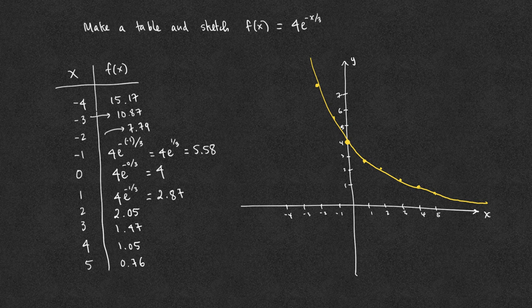This is the graph of the function f of x equals 4 times e to the negative x over 3. This function has a horizontal asymptote y equals 0. The domain is the set of all real numbers, and the range is positive numbers only, the interval open 0 to infinity.